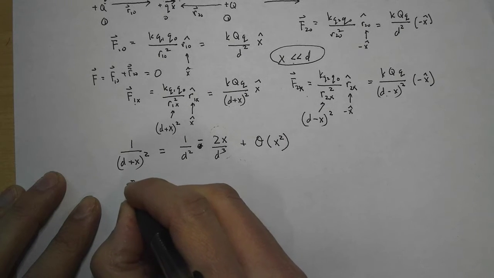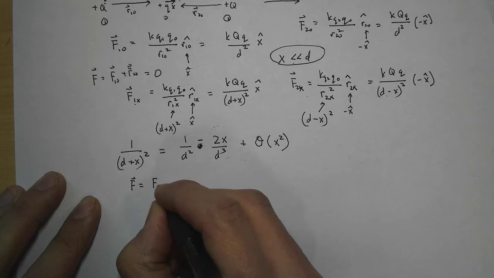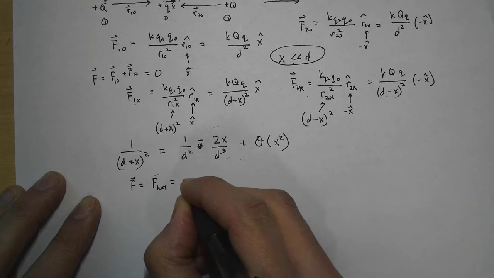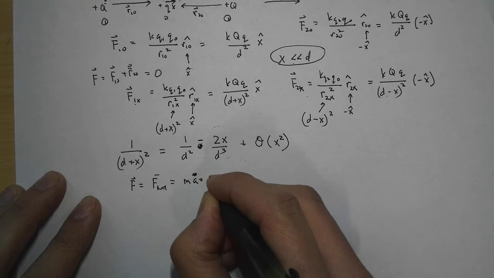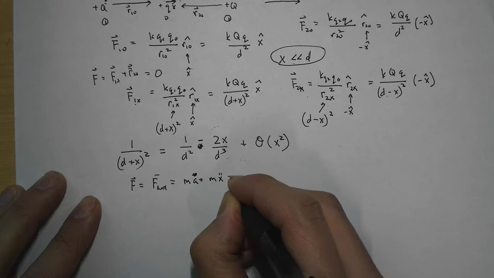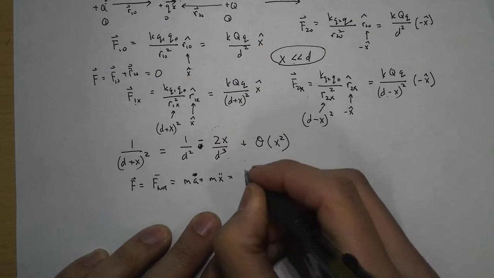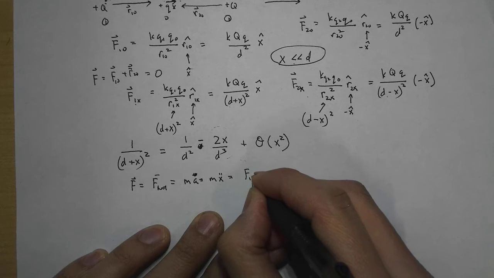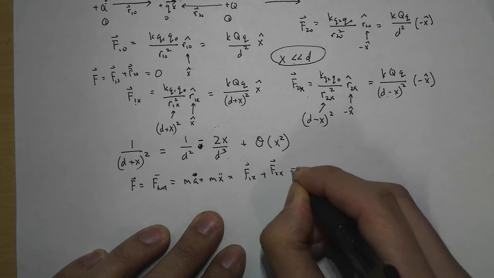So F, the net force, is going to be equal to ma, well, ma because it's one dimension, which is m x double prime. This is going to be equal to f1x plus f2x, and these are vectors again.